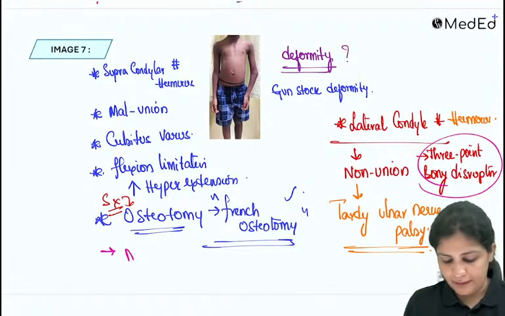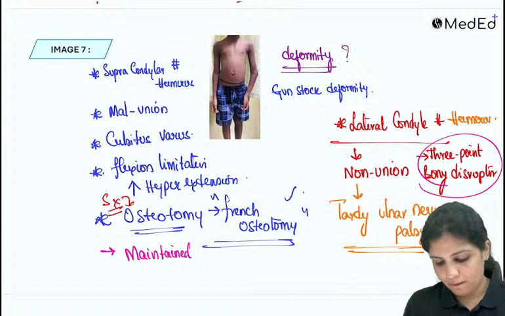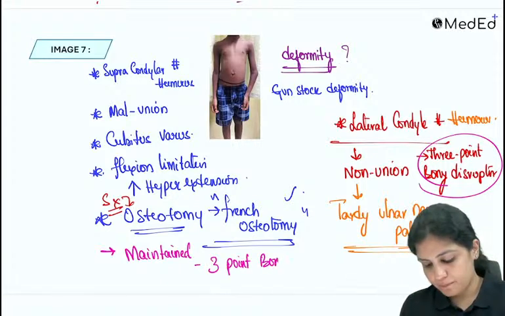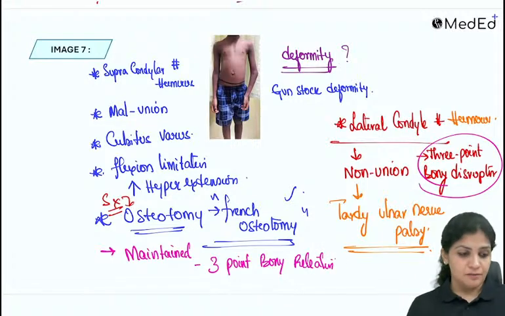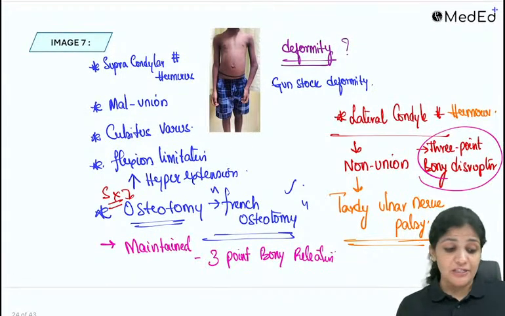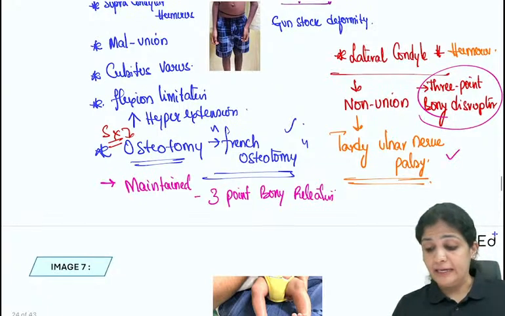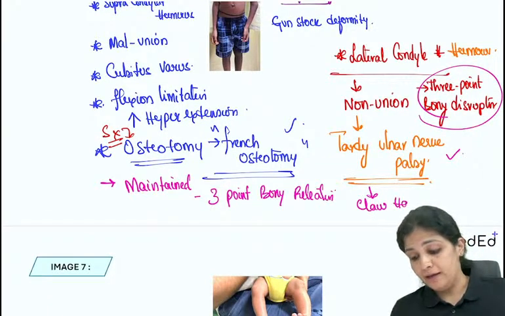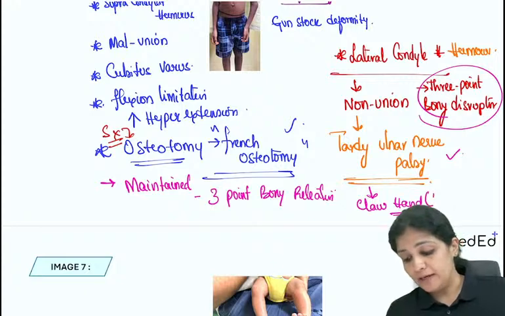This is maintained. Right? So the condition I want you to remember is tardy ulnar palsy. That means the patient presents with claw hand. The patient comes with partial claw hand over a period of time.